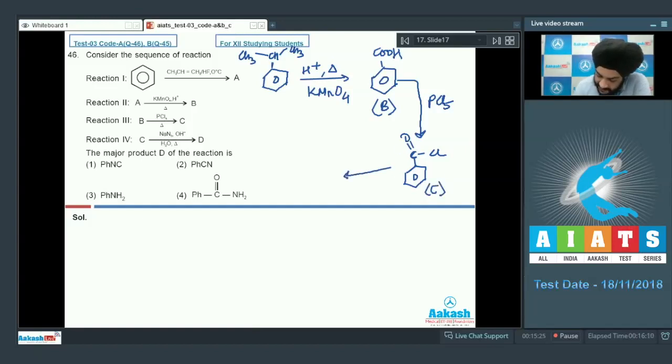And when it is reacted with N3 minus in basic medium, the N3 minus will replace the Cl minus from the system. So we're going to have this structure. When it is allowed to undergo heating, it will undergo nitrogen rearrangement.